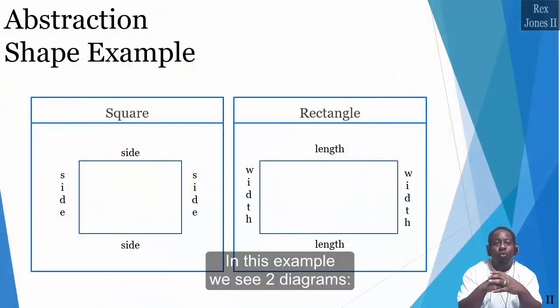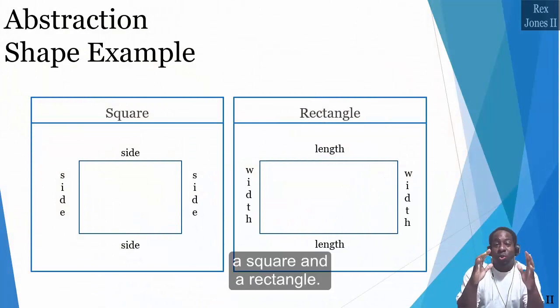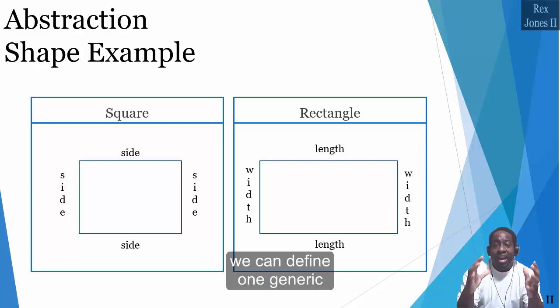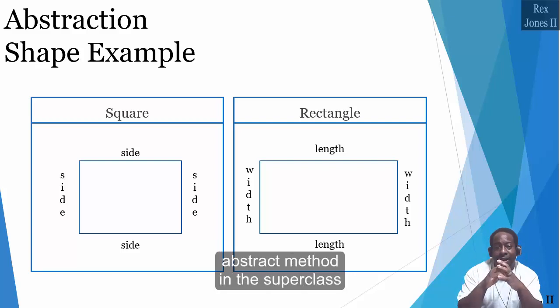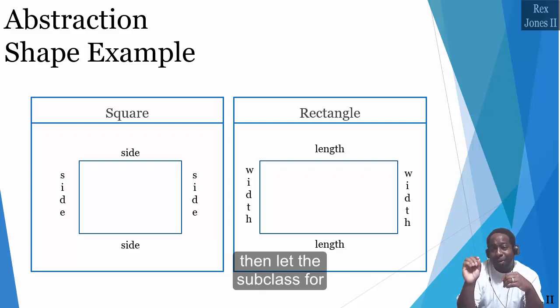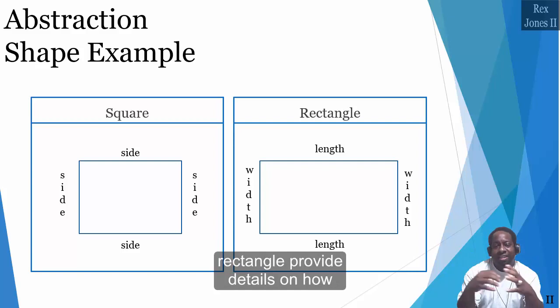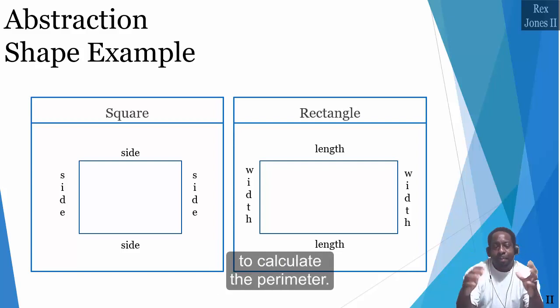In this example, we see two diagrams, a square and a rectangle. To calculate the perimeter, we can define one generic abstract method in the superclass, then let the subclass for square and subclass for rectangle provide details on how to calculate the perimeter.